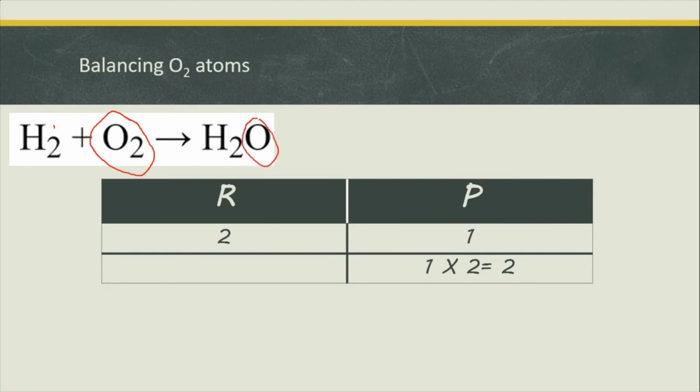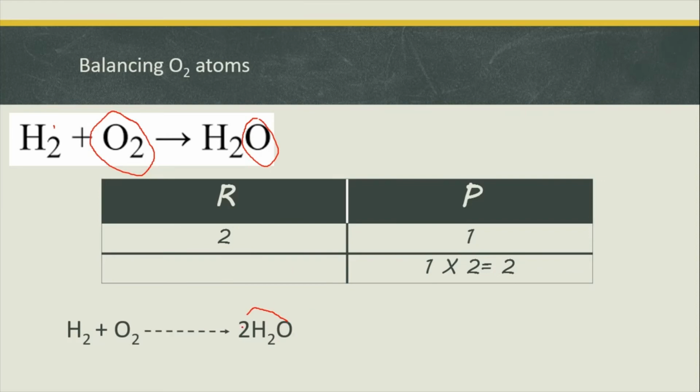So now we're just going to multiply the lesser number to get the number which will make the product number equal to the reactants number, the higher number. So H2 plus O2 gives H2O. Whenever you balance an element's atoms, you have to write in the coefficient, not the subscript or the superscript.